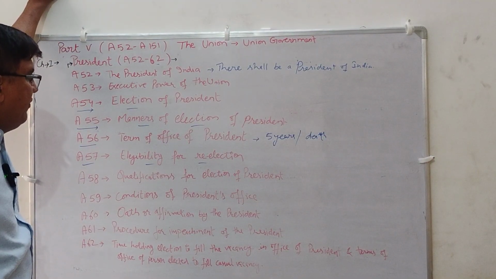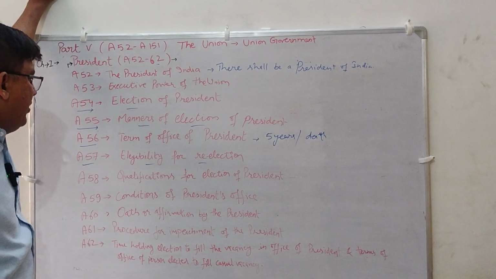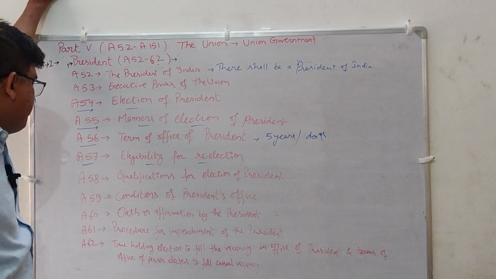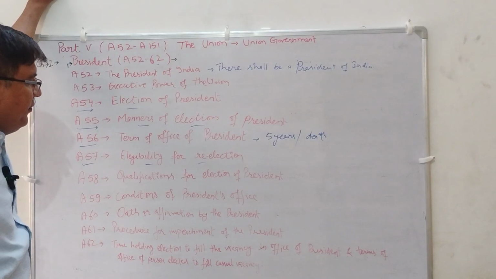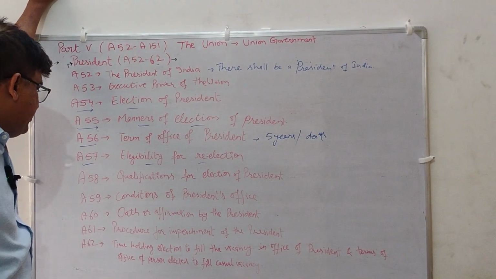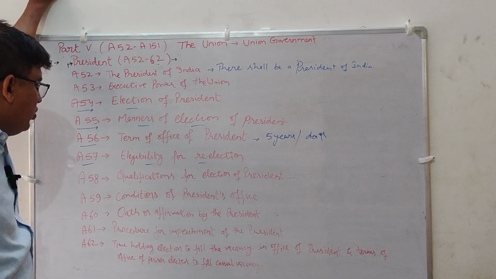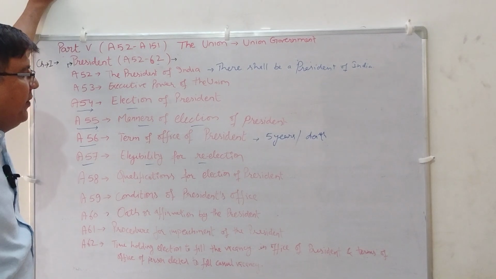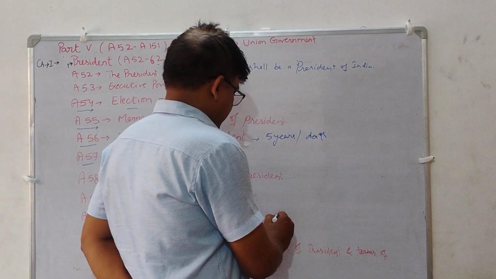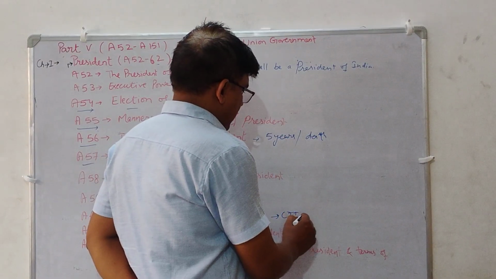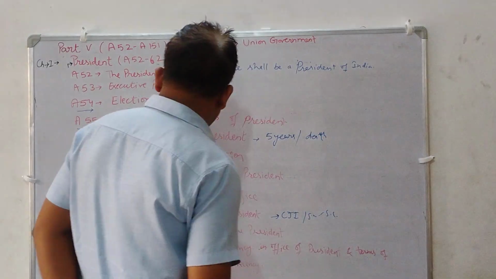Article 58, qualification for the election of President. We have discussed previously. Article 59, conditions of the President's office. We have also discussed these. Article 60, oath or affirmation by the President made by the CJI, in absence the senior most judge of the Supreme Court.